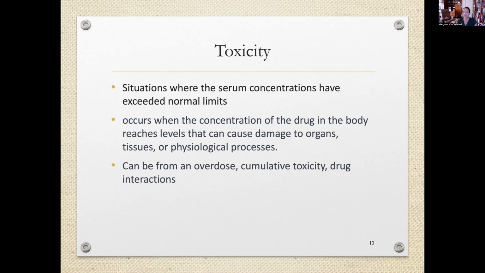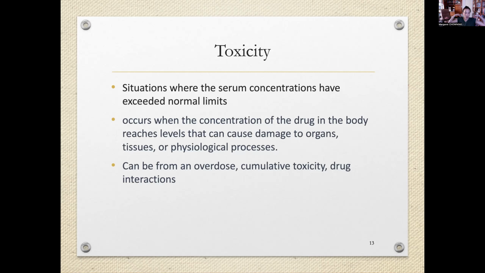Okay, toxicity. Situations where the serum concentrations have exceeded normal limits occur when the concentration of the drug in the body reaches levels that can cause damage to the organs, tissues, or physiological processes. This can be from an overdose. It can be cumulative toxicity over time.